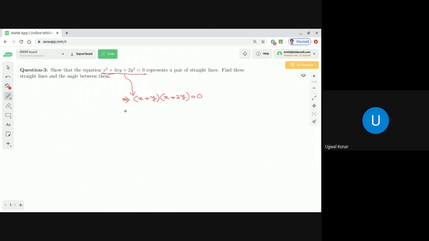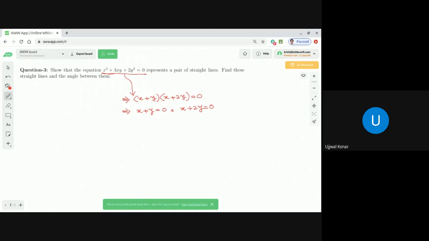That implies x plus y equal to 0, so this is one straight line, and x plus 2y equal to 0 is another straight line. So these are the two straight lines. Correct?